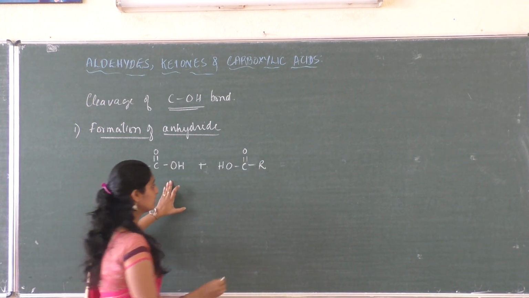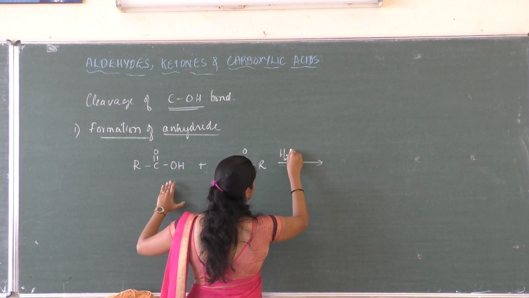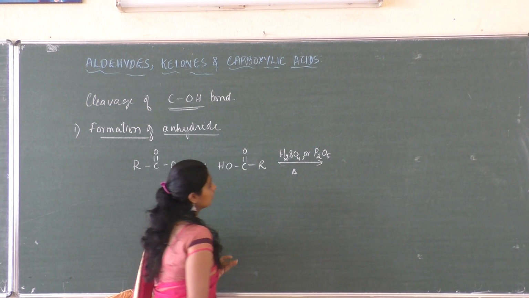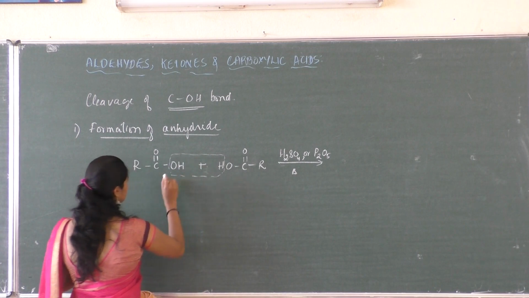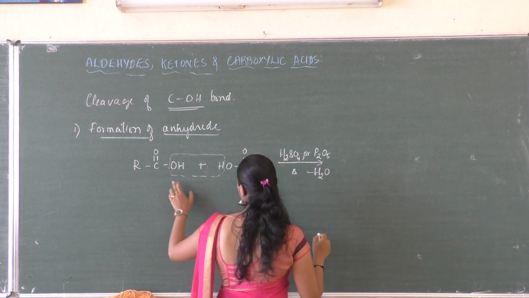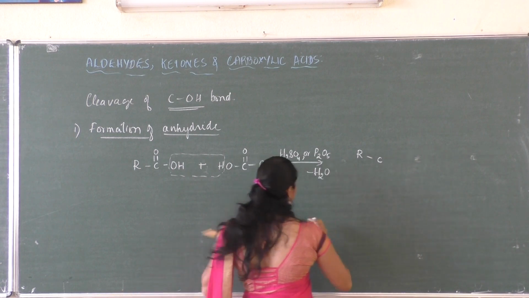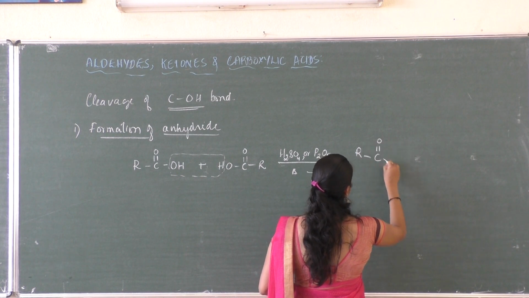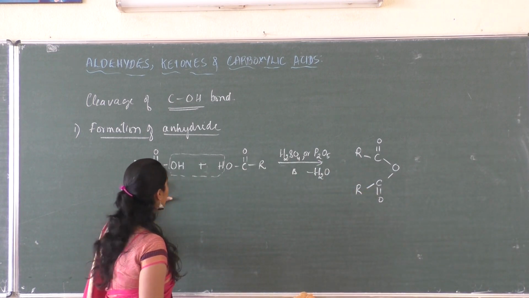When carboxylic acids are heated in the presence of a dehydrating agent, whether it be sulfuric acid or phosphorus pentoxide, the reaction that occurs is dehydration, that is the removal of a water molecule, minus H2O, so as to form RC=O.